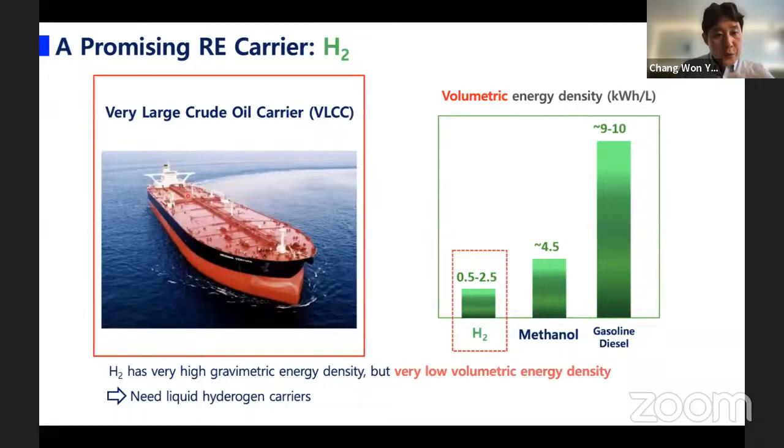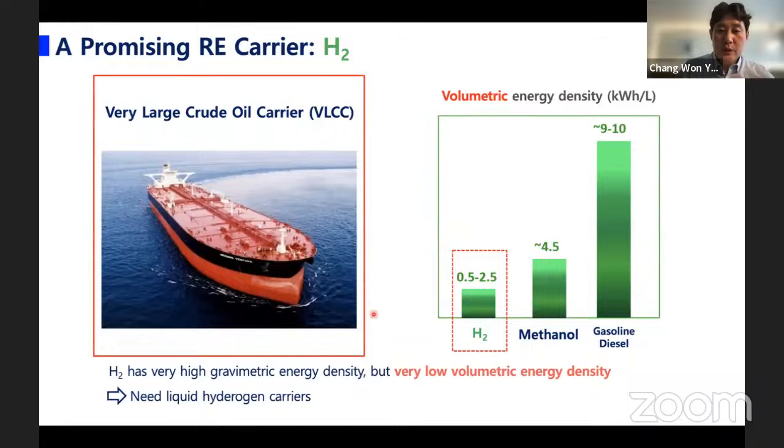If you're thinking about delivering fuels, nowadays, for example with fossil fuel delivery, we actually use very large crude oil carriers, something like this. So we fill liquid fuel here and transport it, right? But if you're thinking about hydrogen, if we fill hydrogen inside this limited volume, there is a problem, because hydrogen has a really low volumetric energy density.